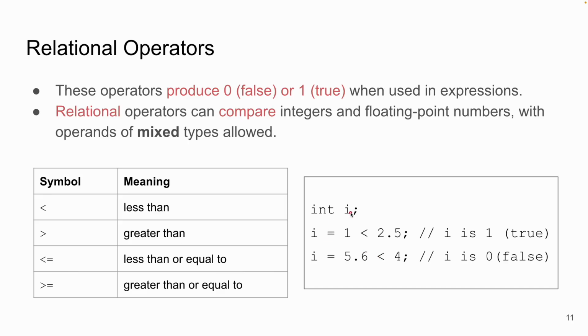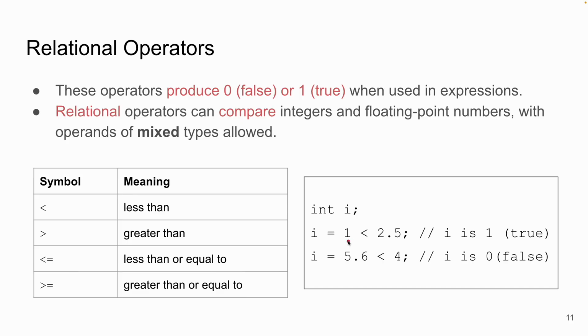In this case, we have the integer variable I, and I want to assign the return value of this logical expression back to I. What this logical expression wants to do is check if 1, this is 1, not I, sorry about that, is smaller than 2.5. Because this symbol is less than, we want to know whether 1 is less than 2.5.